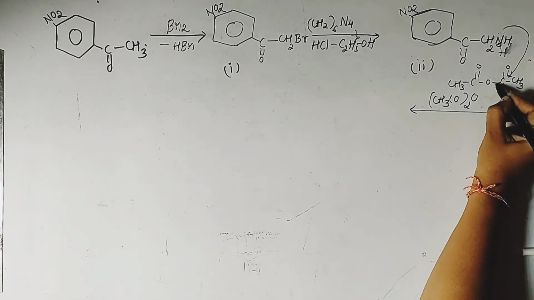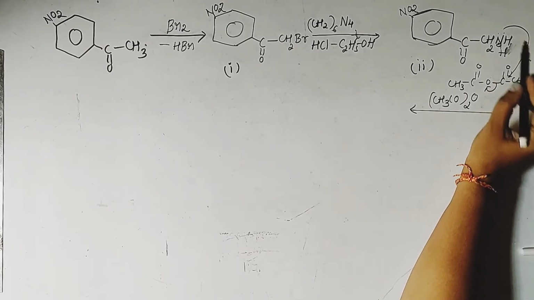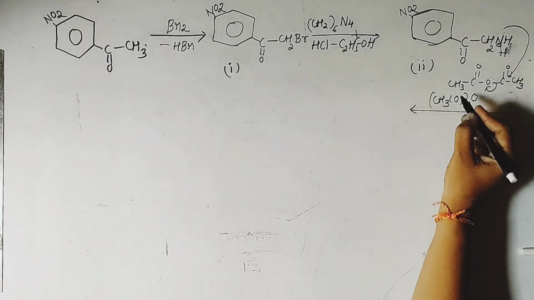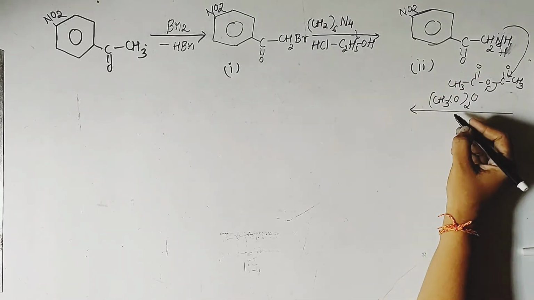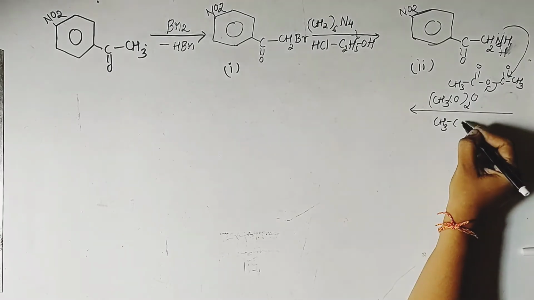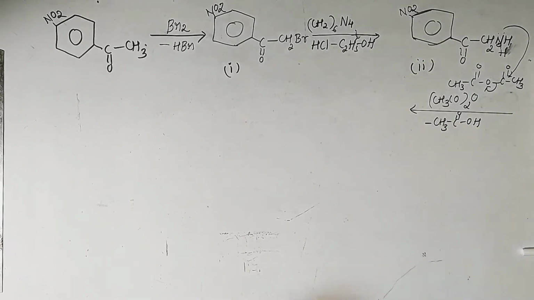As a result this bond will break, and the hydrogen, which has given its electron towards the nitrogen, is now free as H plus and it binds with this acetate part. So it becomes CH3COOH. That means acetic acid is removed as a byproduct here.